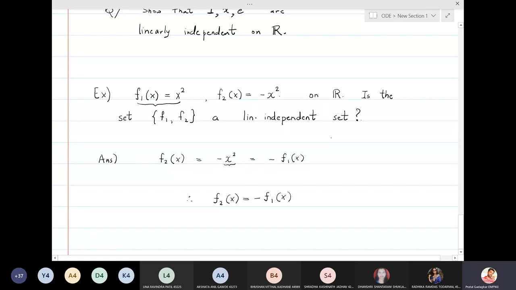Correct? So I could find a relation between f1 and f2. What is the relation connecting f1 and f2? This is the relation.